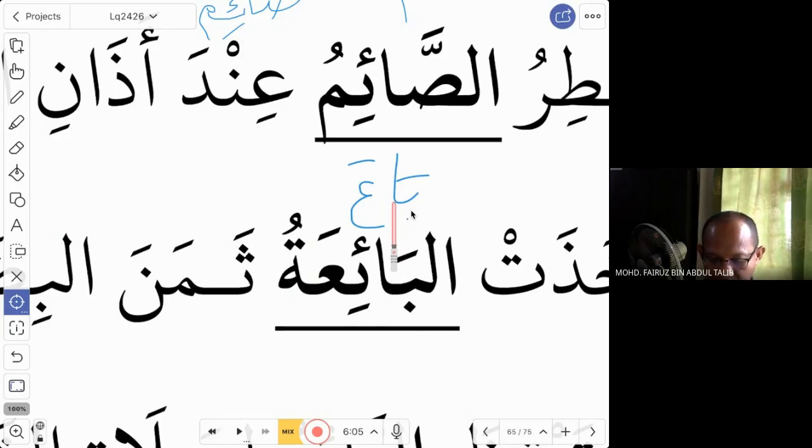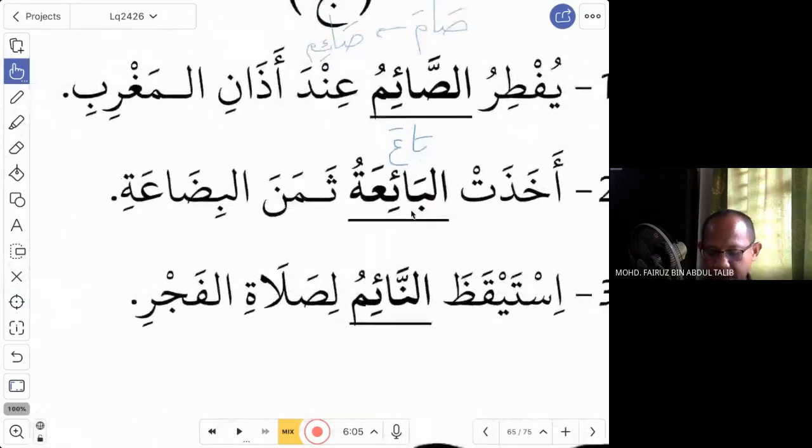So it becomes ba'i. That means the seller. Now we want to change to a female seller. You simply add the ta marbuta, just like any other noun: talib, taliba, katib, katiba, and so on. So this is the isim fa'il for the word ba'a. We say ba'i'ah.